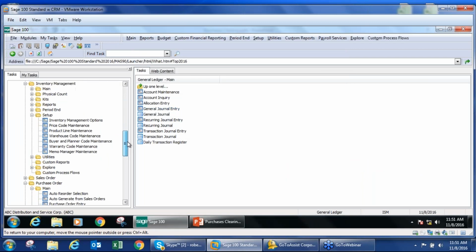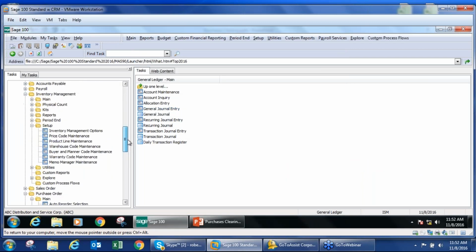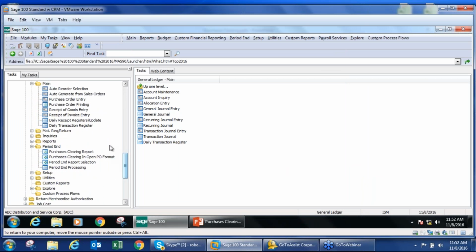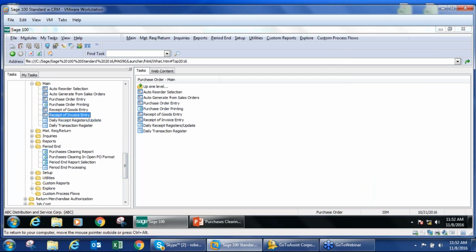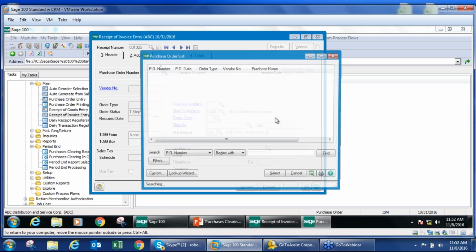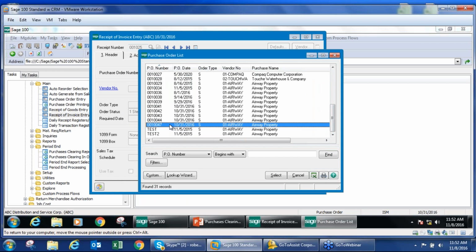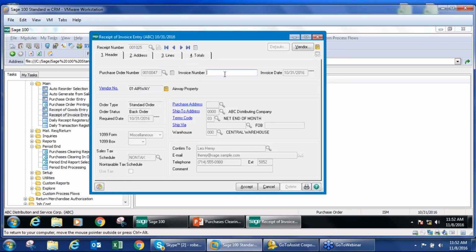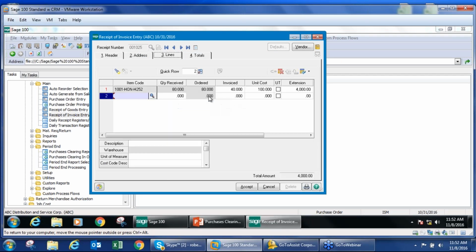So now we're going to essentially do a couple more transactions. We're going to do a receipt of invoice, only this time the vendor gave us an invoice that is slightly higher. We're still getting invoiced for $40. However, we're going to process this invoice for $120.